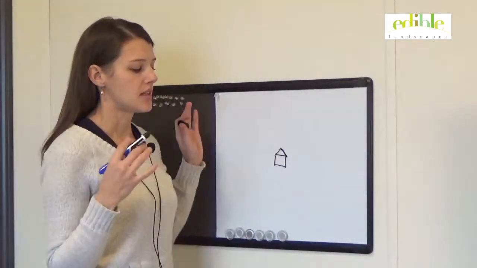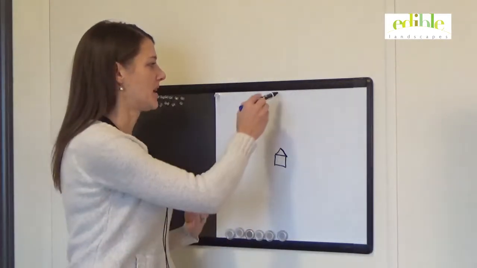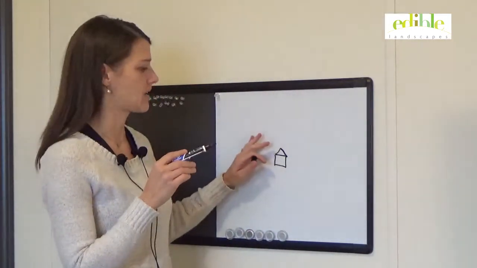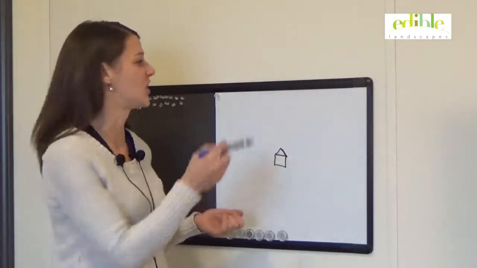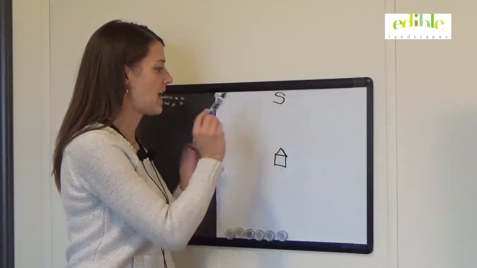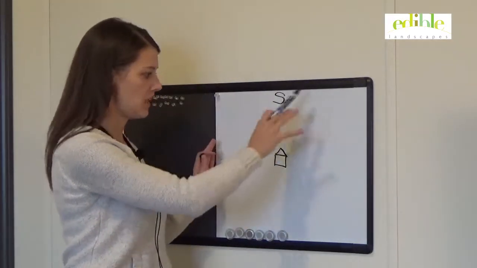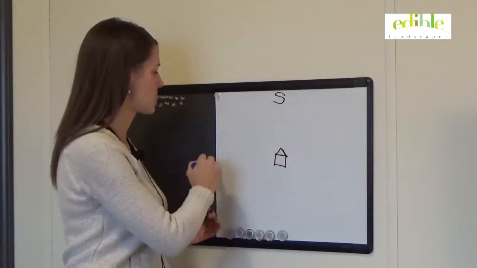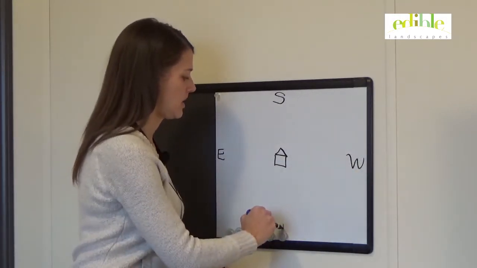So this is going to feel a little bit backwards at first. You will get used to it. In this case, we're looking at the sectors in the northern hemisphere, so south will be at the top. The sun is going to be coming around this way through the sky. So this is east, and this is west, and this is north.